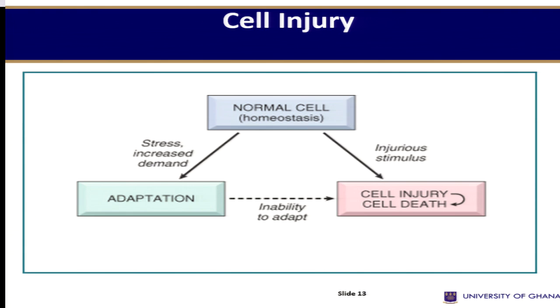This diagram shows how a normal cell in homeostasis may move to an adaptation state. If the stress continues, then it will go to the injury stage. And if the stress is very injurious to begin with, it will go straight to the injury state without the phase of adaptation. Eventually the cell may go into irreversible injury and death.